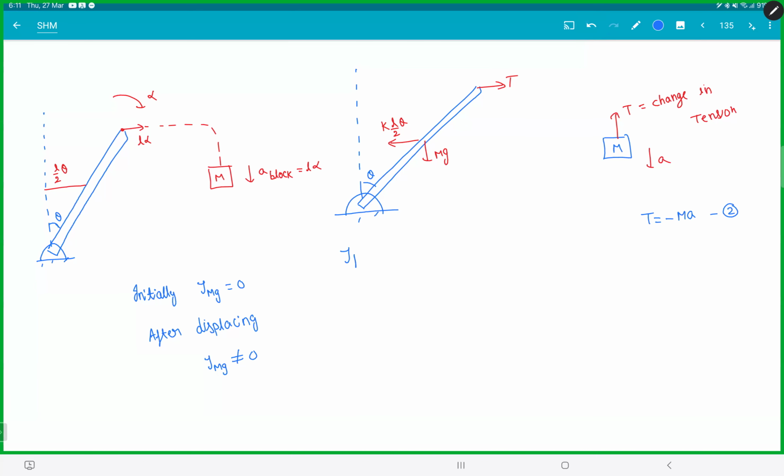So now when you take torque about the hinge, and this is the alpha we have taken. So mg ka torque, mg into perpendicular distance will be how much? This is the perpendicular distance, that would be L by 2 sine theta, plus tension into L sine theta, minus K into L theta by 2 into L by 2 cos theta.